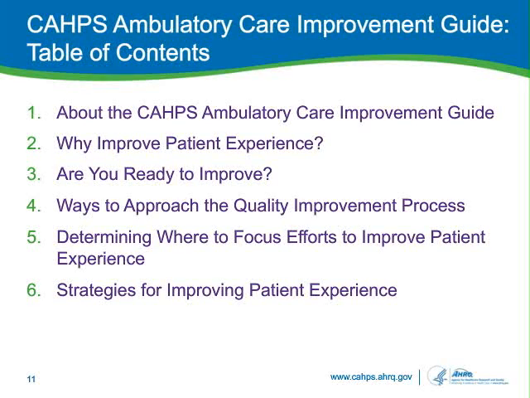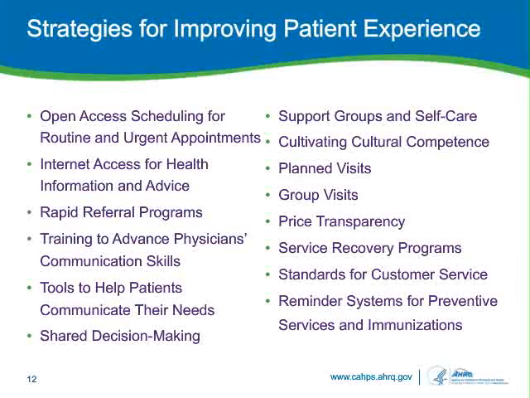The next slide is a list of the strategies that are included in the guide. We have a couple of new ones that I want to call attention to. One is a section on price transparency, and another is a chapter on how you cultivate cultural competence. And to the extent possible, we try to make all of these relevant for both health plans as well as for practices.